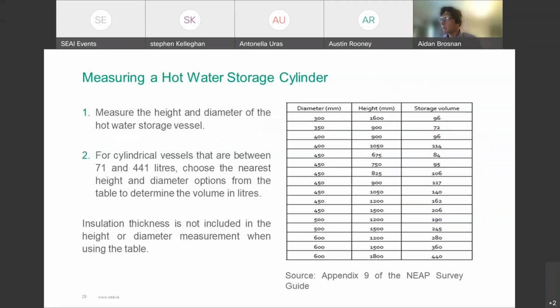So you measure the cylinder without the insulation, subtract the insulation, and you can use this table to look up the storage volume. So this table has precedence over calculating the volume using pi.